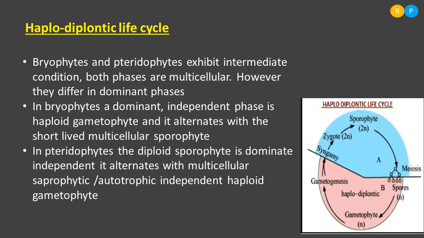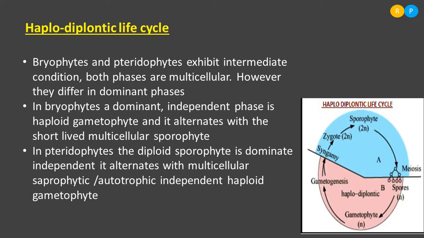If we want to write the life cycle by taking the example of pteridophytes, we can start writing it from the sporophytic generation. Or if we want to write the haplodiplontic life cycle by taking the example of bryophytes, we can start writing from the gametophytic generation.